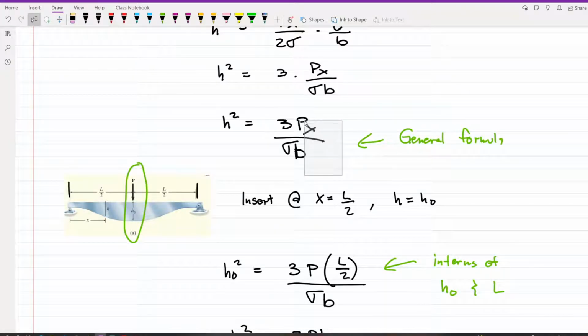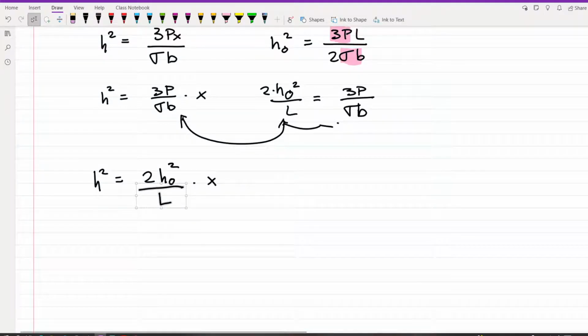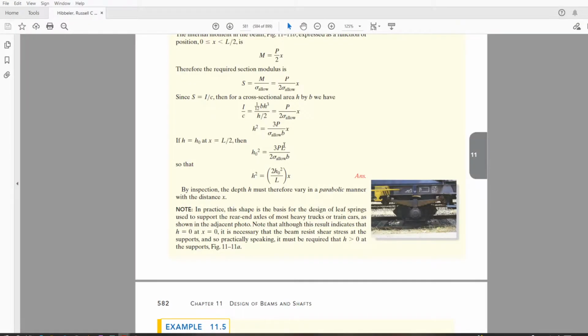So, as a function of x siya. Ito, as a function of x din naman. Pero, alam mo yung L or yung length. Tapos yung kapal, yung pinakamakapal. So, ito yung nilagay na answer nung book. Ayun. Ito yung nasa book na answer daw. Ayan, ito daw.